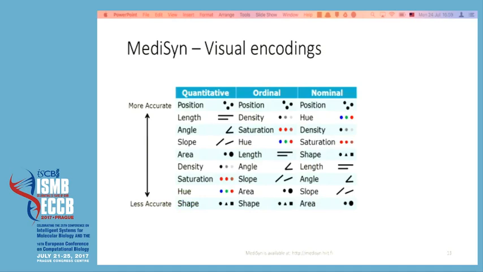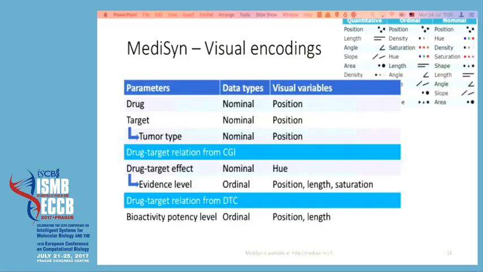It is a visual variable ranking that indicates the accuracy of representing different types of data, like quantitative data or ordinal data. So we prioritized the parameters from the two datasets.